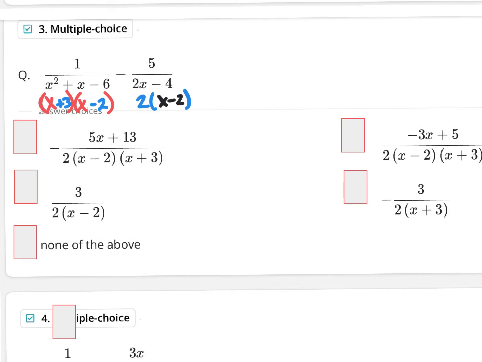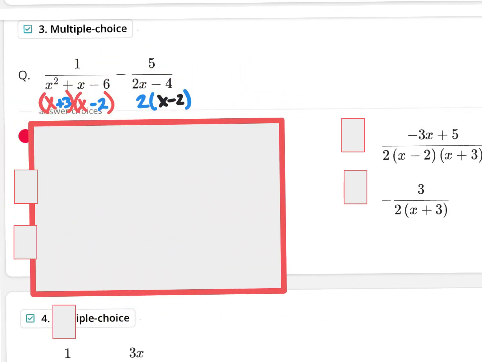All right. So we have the denominator of the first fraction in factored form, and the denominator of the second fraction in factored form. To write our LCD, we are going to have to write down what's in common once and then bring down everything else as well. So let me make this a whole lot bigger and use this as scratch paper.